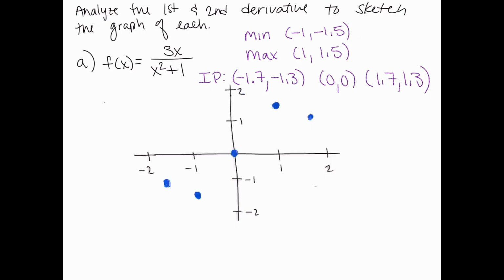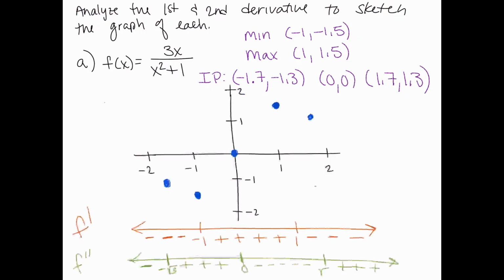And then the idea is we're going to connect the dots using the information from our number lines. And so I like to actually take my number line and copy it down directly underneath that graph. So I've just taken my first derivative number line, and I've copied it, making the numbers line up with my x-axis.